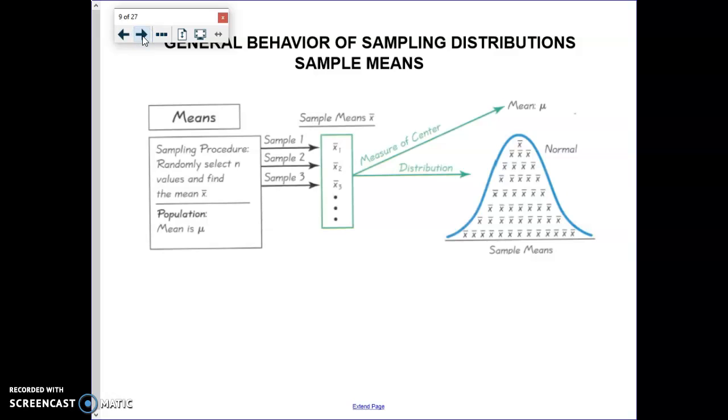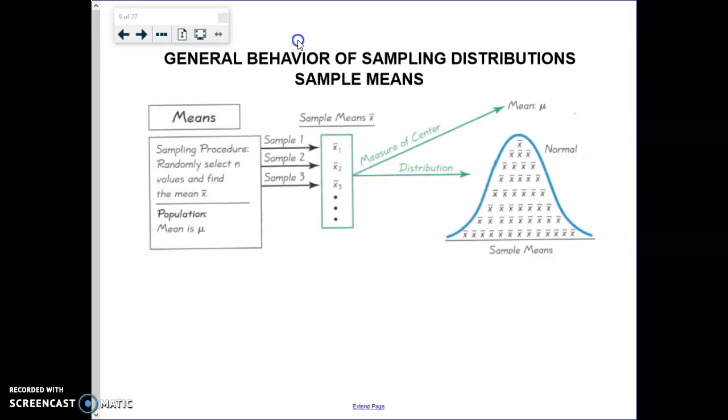Okay, now we also talked a little bit about this, and I'll describe this diagram. For instance, we're going to talk about sampling means. So we would randomly select values from a population where the population mean is mu. We take our first sample of some size, let's say 20, and we get a sample mean.